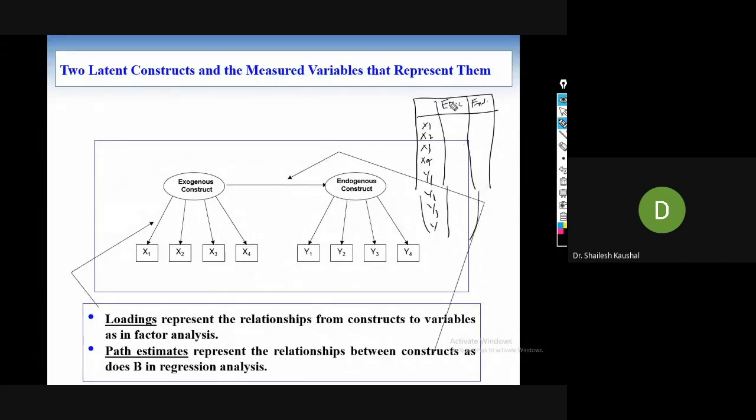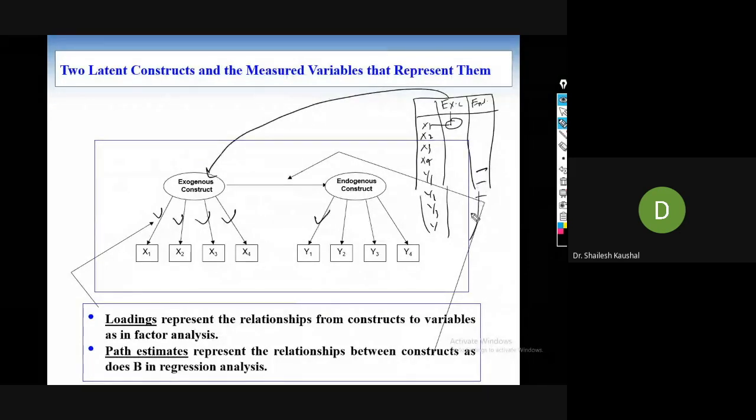So x1 exogenous is this, and these are the relationships. This is factor loading 1, factor loading 2, factor loading 3, factor loading 4, and the same we can represent for y1 with endogenous factors. So the same factor matrix we can represent in a path model.